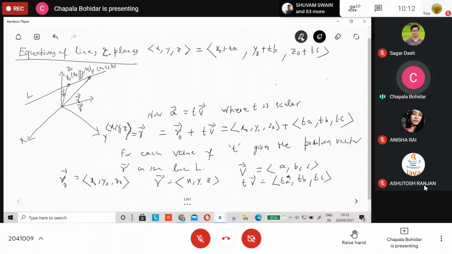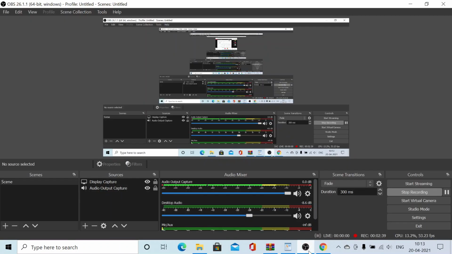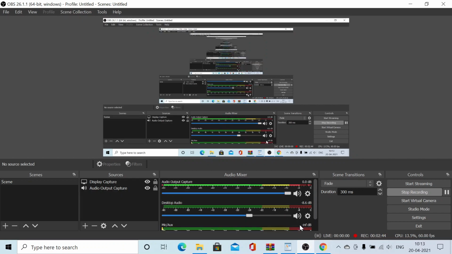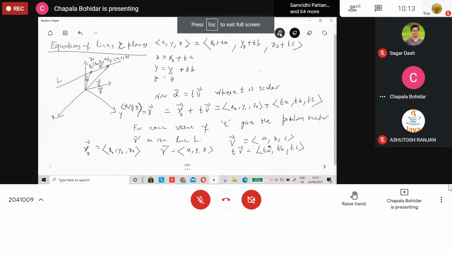Okay. Now by comparing the coefficient of i, j, k on both sides, we can write down x is equal to x0 plus TA, y is equal to y0 plus TB, and z is equal to z0 plus TC.